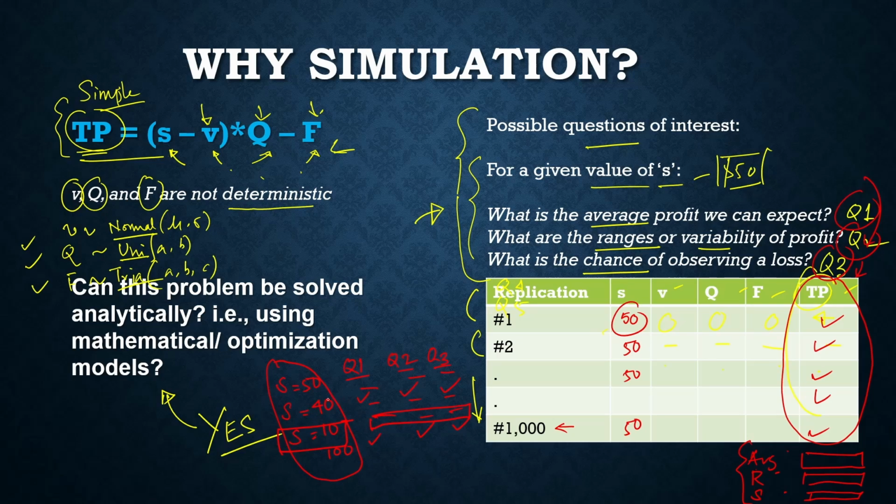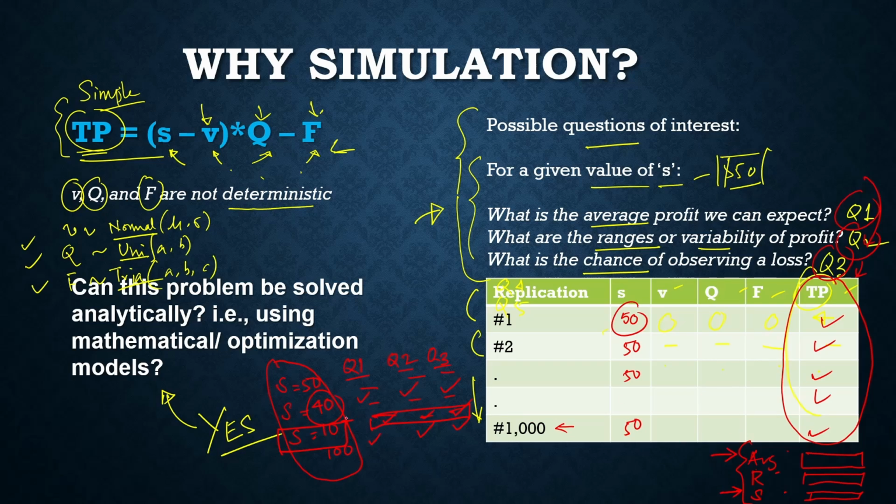Which one will you choose? You will choose that one for which you are getting the best quality answers. So for example, suppose for S equal to 40, you are getting the maximum average TP, and minimum standard deviation of TP.